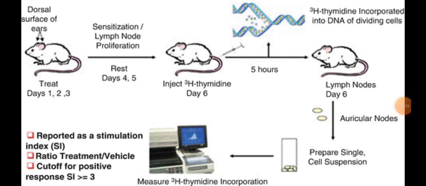Local lymph node assay is incorporated worldwide into regulatory guidelines, that is OECD 429, named skin sensitization local lymph node assay. In these guidelines, dose and vehicle selection is very critical for the successful conduct and eventually interpretation of data.